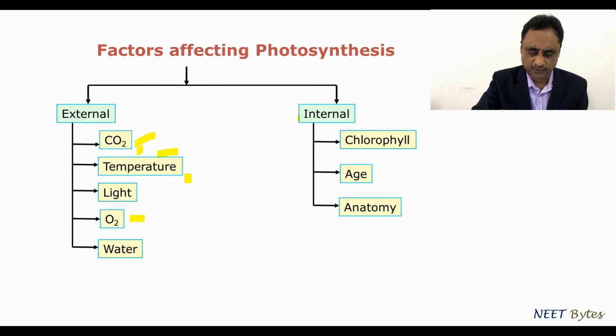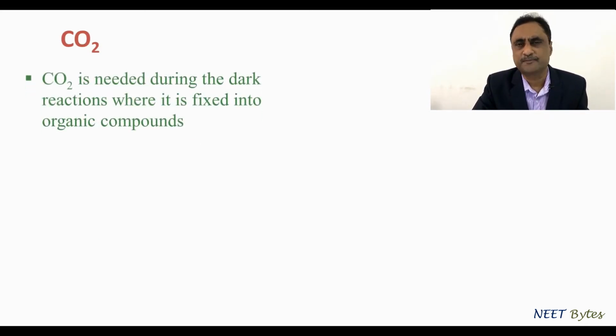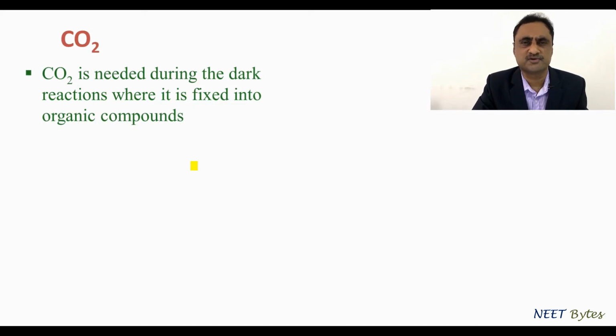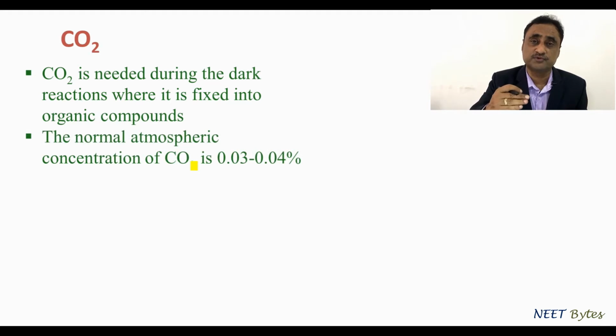Okay, so first of all, we will talk about carbon dioxide. We know very well that carbon dioxide present in our atmosphere is just 0.03%. But imagine what is going to happen if the concentration of CO2 increases or decreases from 0.03%. If the concentration of CO2 increases, obviously the rate of photosynthesis increases, right?